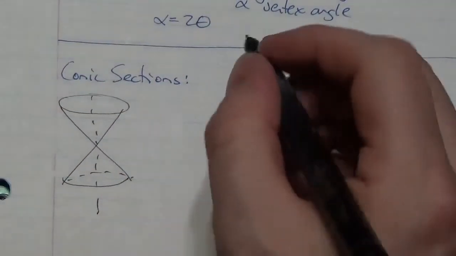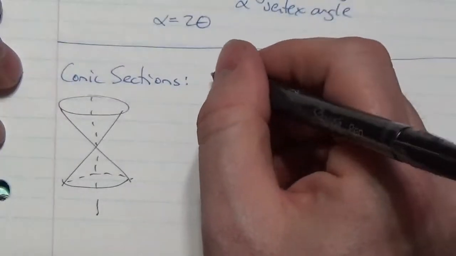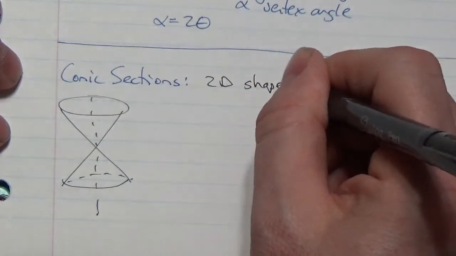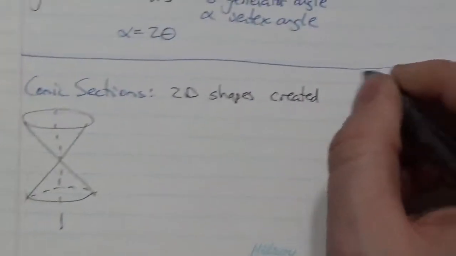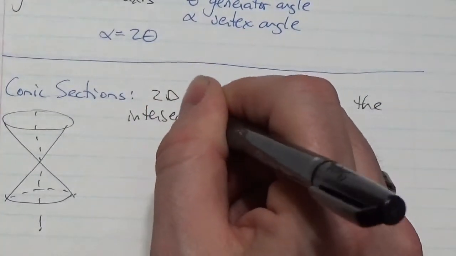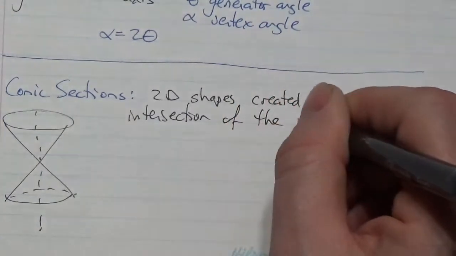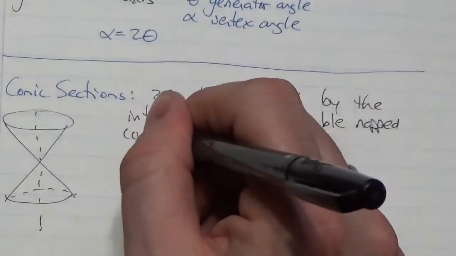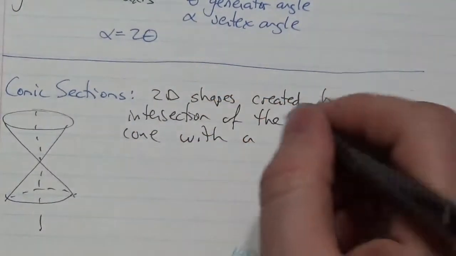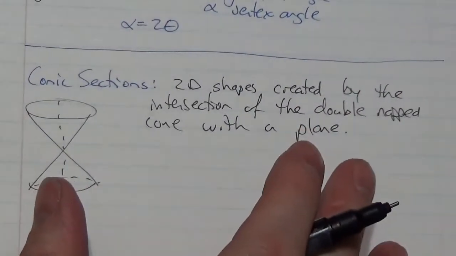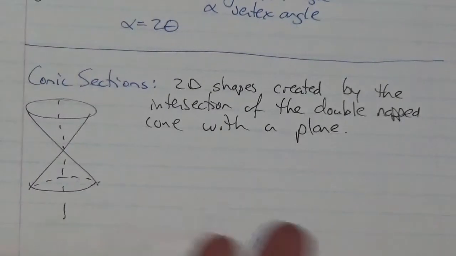Conic sections are the two-dimensional shapes created by the intersection of the double napped cone with a plane. So this is what we're talking about. We're going to cut the double napped cone with a plane and take a look at the figures that we get.